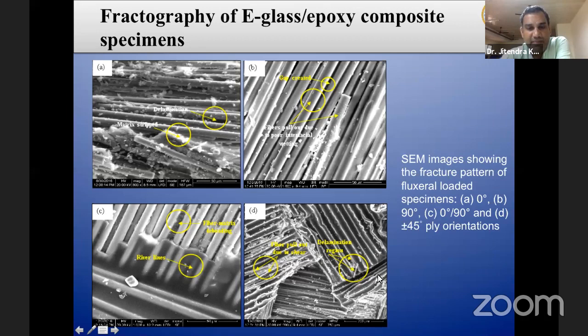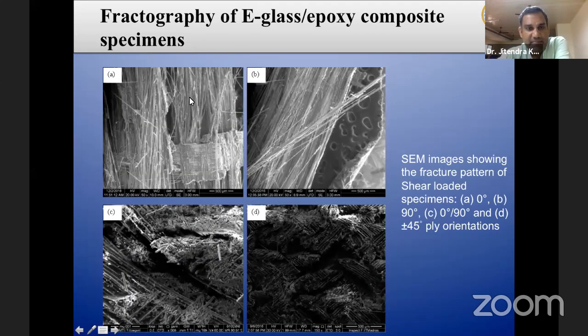This is a 45-degree laminate, like this is 45, this is 45. So the 0-degree gives the better result in those cases. Then in the case of shear loading, we observed how the surface of the composite material behaves. More or less, the orientation does not affect it much, but in the case of shear, you can see the 45 gives the better results.